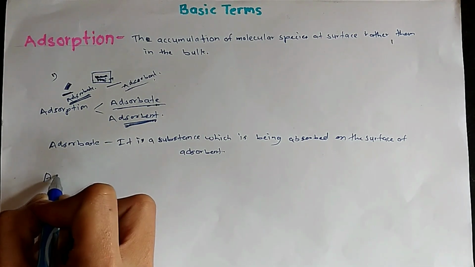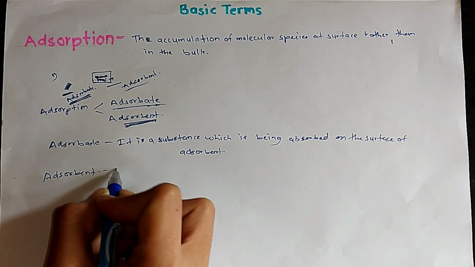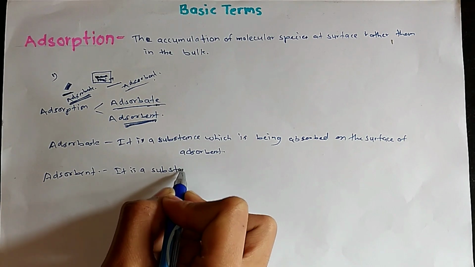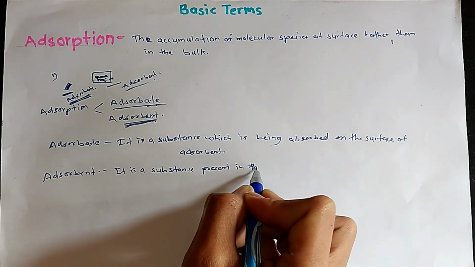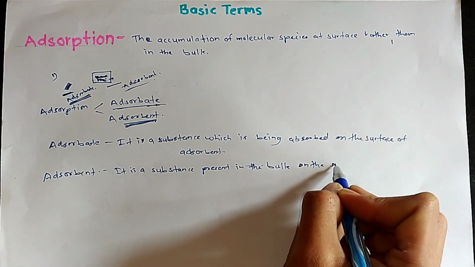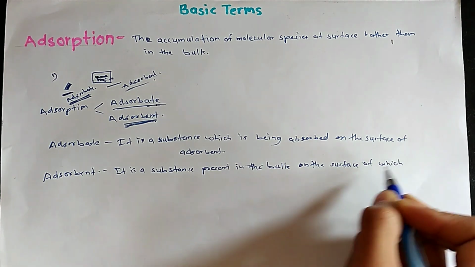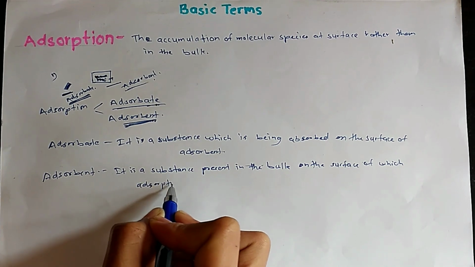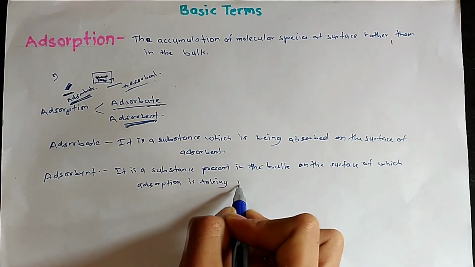And what is adsorbent? It is a substance present in a bulk on the surface of which adsorption is taking place.